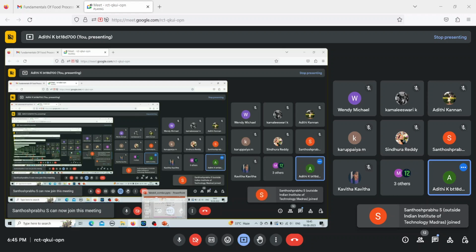So in a convection process, small q is equal to H into delta T. And as I said, small q here is flux. Flux basically means total heat transfer divided by area. The moment you have any term called flux, it is divided by area. So small q is equal to capital Q, the total heat transfer, divided by area.